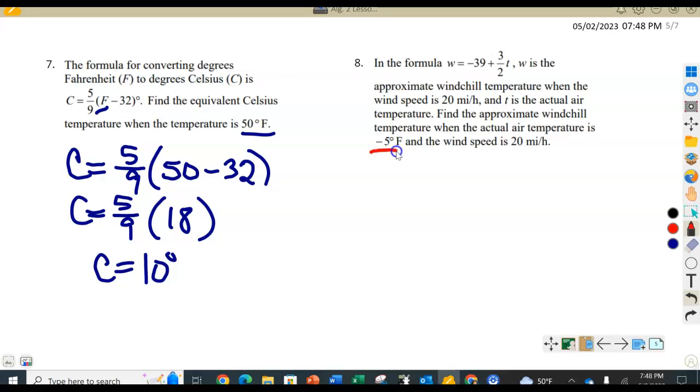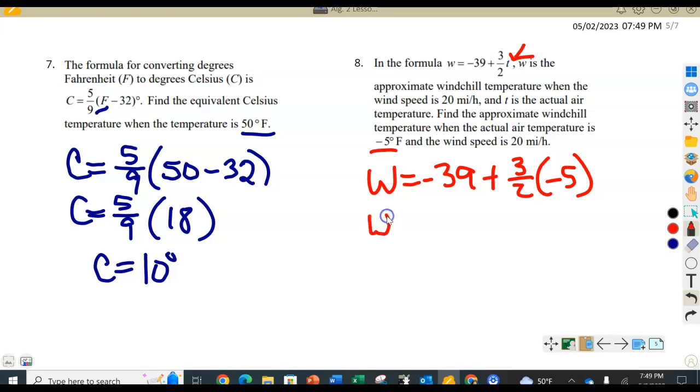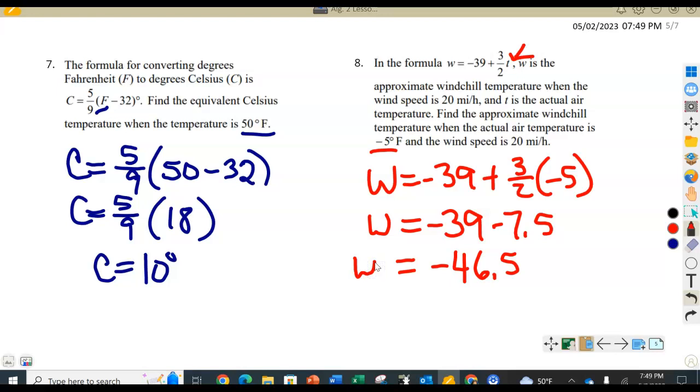So again, all we have to do is take the negative 5, plug it in for T, and solve for W. So W equals negative 39 plus 3/2 times negative 5. So W equals negative 39. This is negative 15 over 2, which is negative 7.5. And then I'm going to add those together, and I get negative 46.5. So the wind chill temperature when the wind speed is 20 miles per hour is negative 46.5.